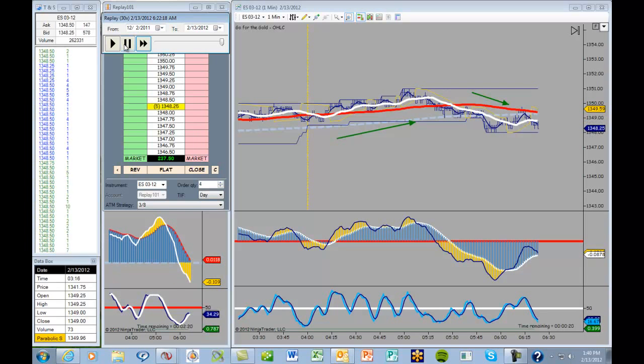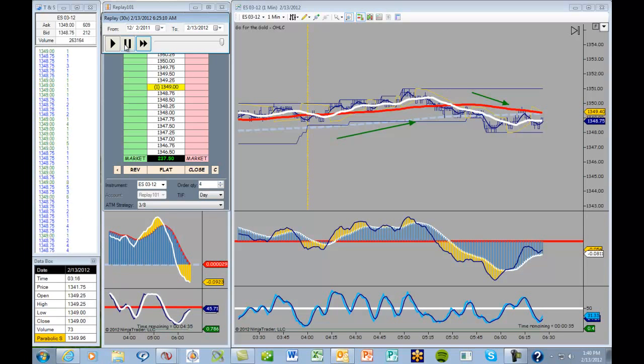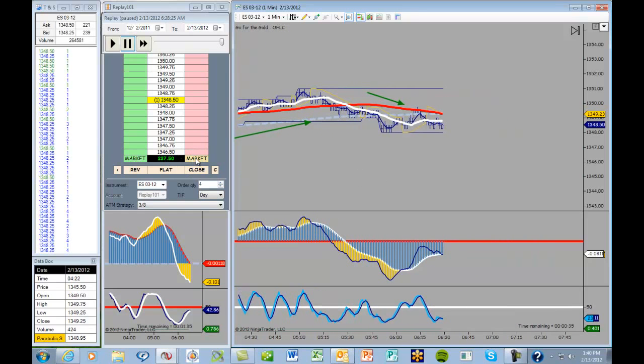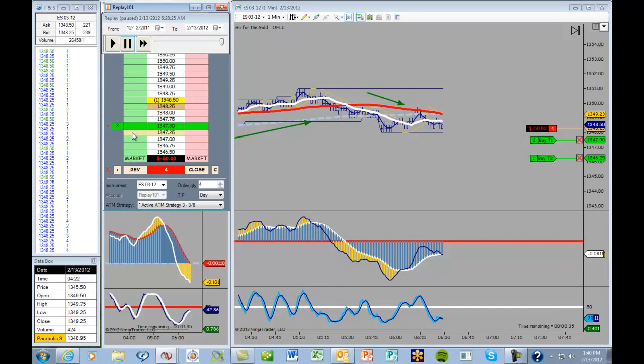Okay, time's marching on here, and we've almost got that crossover we were talking about on the MACD. And boom, right there, we actually got it, and then it started to back off a little bit, but let's go ahead and take that short trade and start up once again.